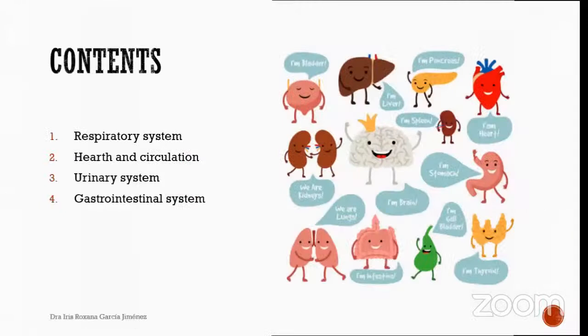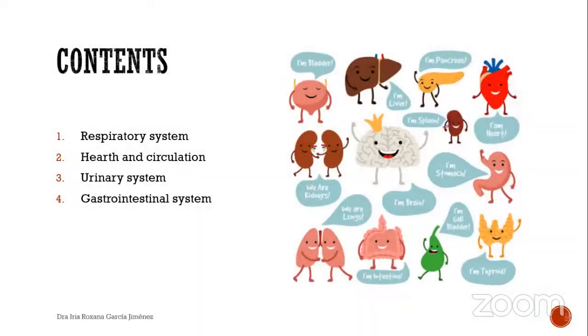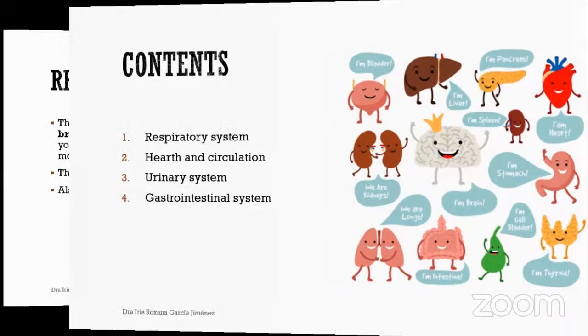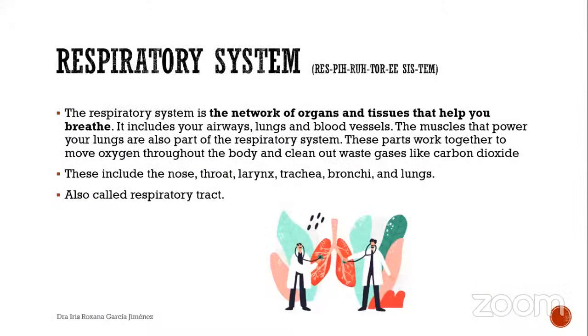Let's go. Today, we are going to have a general view about the respiratory system, heart and circulation, urinary system, and gastrointestinal system. About the respiratory system, we know that this is the network of organs and tissues that help you breathe.